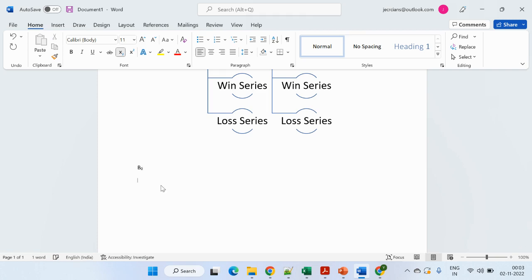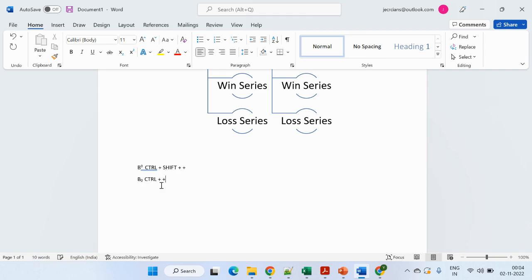So this is the way to put superscripts and subscripts, right? I'm just reiterating, because many students came up and asked this question, so I'm putting it in my video.